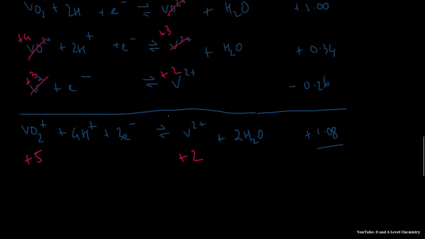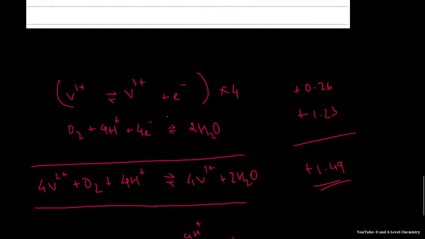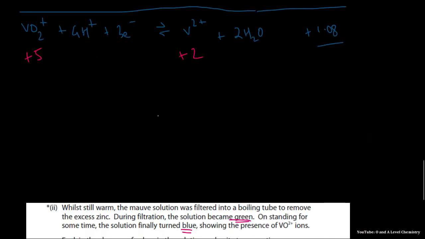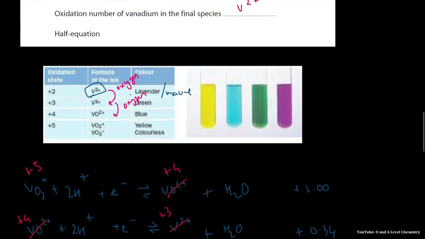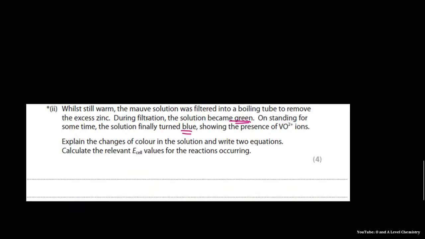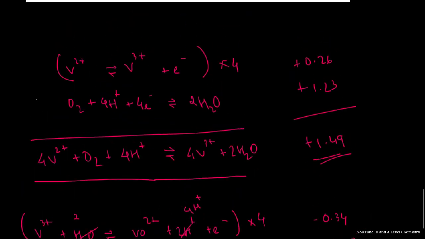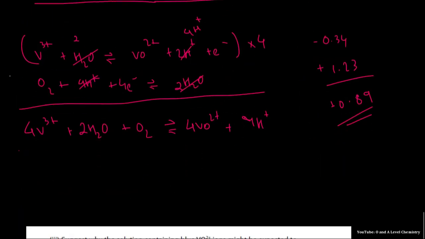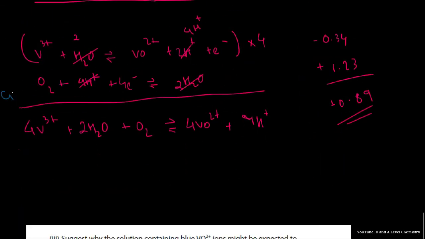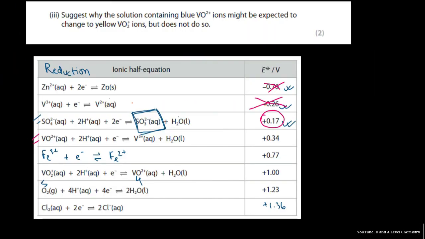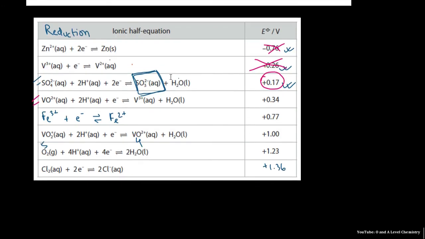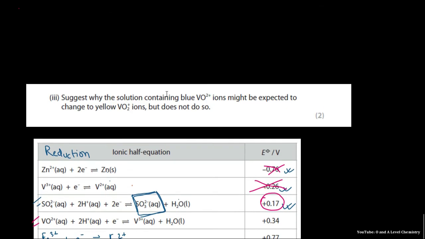If you remember the colors, it went from mauve to green and then from green to blue. So this is the mauve to green reaction, and this is the green to blue reaction. Instead of scrolling up and down continuously, I've copied it down back here.